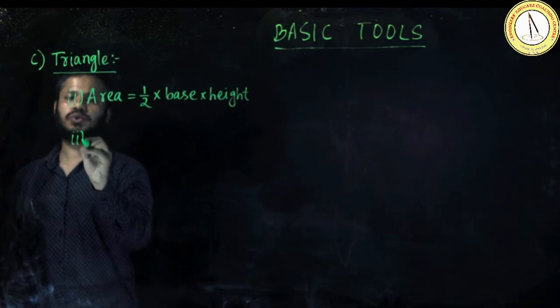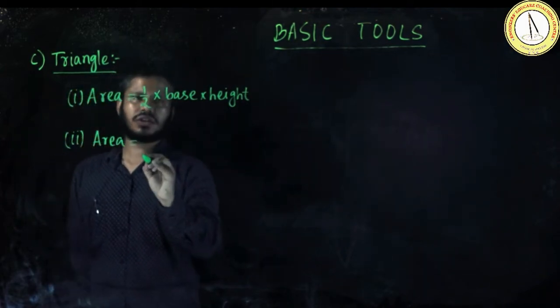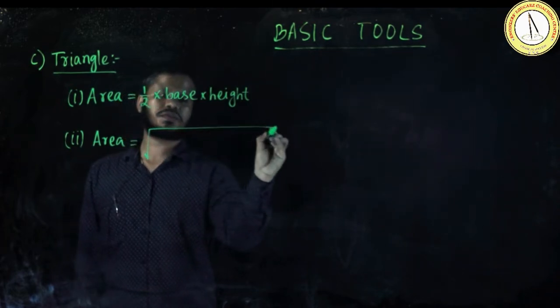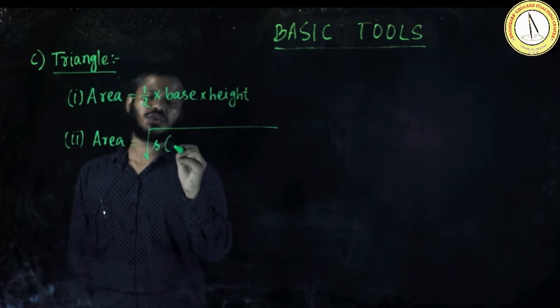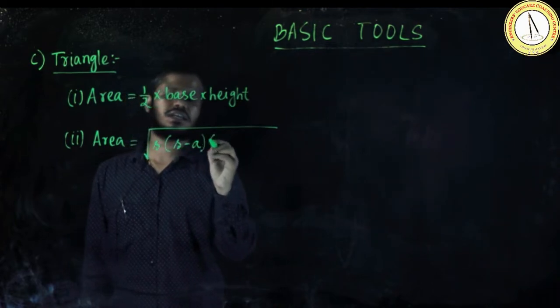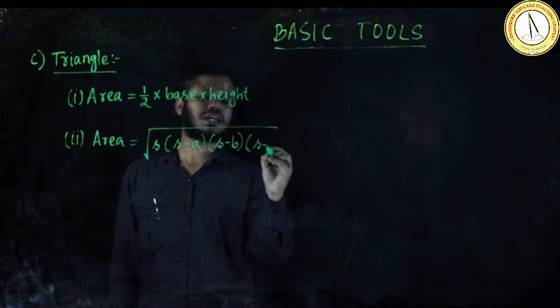Next, number 2, area formula is square root of s into s minus a into s minus b into s minus c.